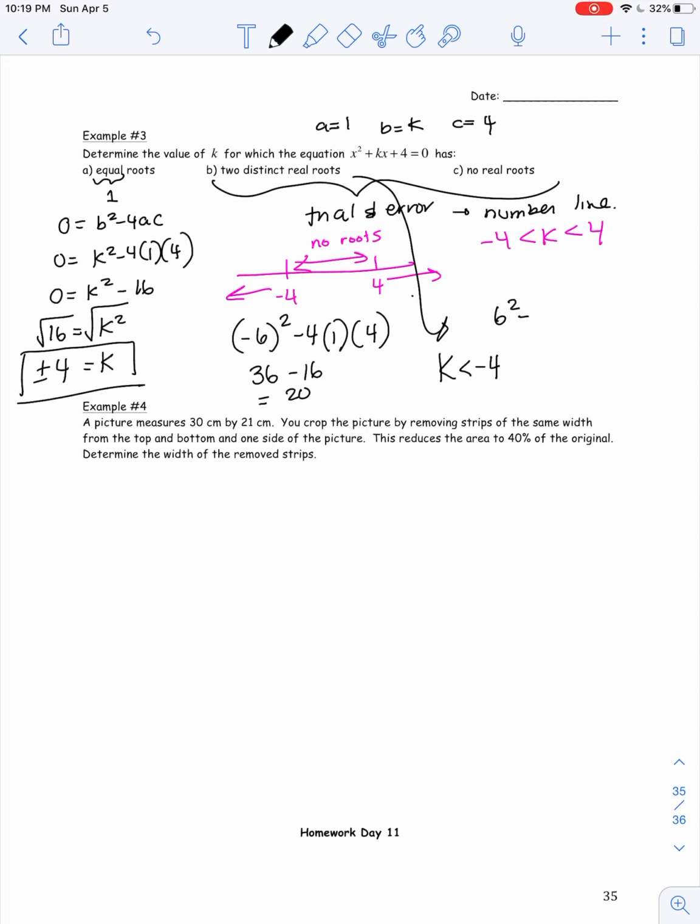And finally, we're going to check the positive 6 value. 6 squared minus 4 times 1 times 4, so a number greater than 4. We get 36 again minus 16, which is also 20. So that's when k is greater than 4. So this is our answer for when we want 2 distinct real roots. So this is a standard of excellence question.